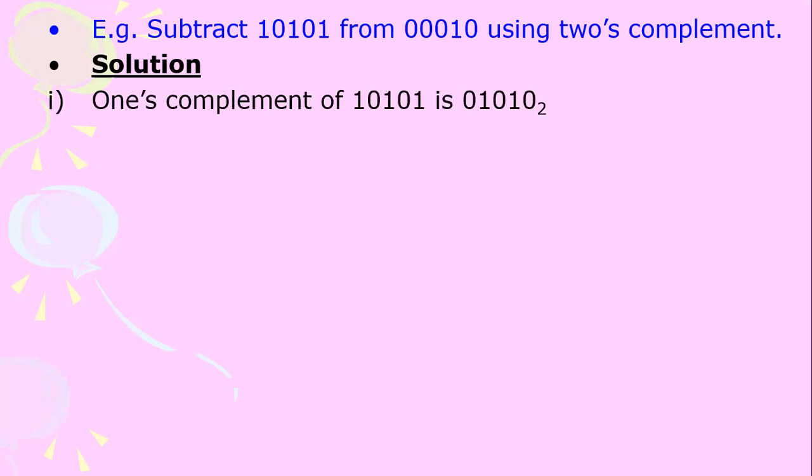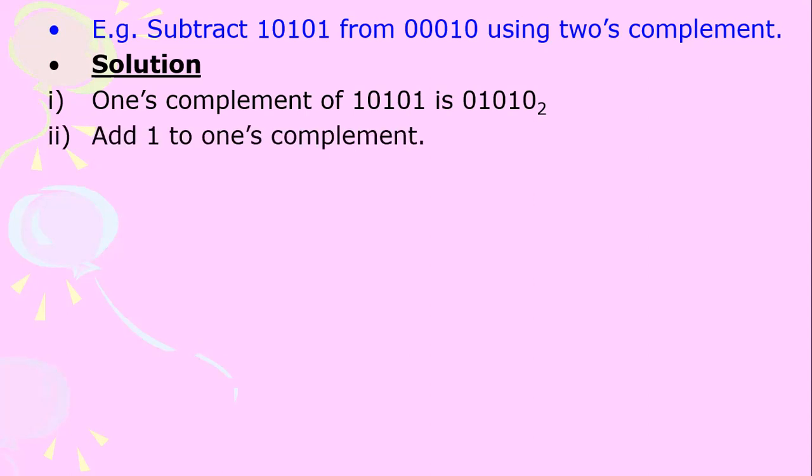So our solution is, number 1, we get the 1's complement of 1, 0, 1, 0, 1. From my previous demonstrations and examples, it will give us 0, 1, 0, 1, 0, because we change 1s to zeros and 0s to 1s.